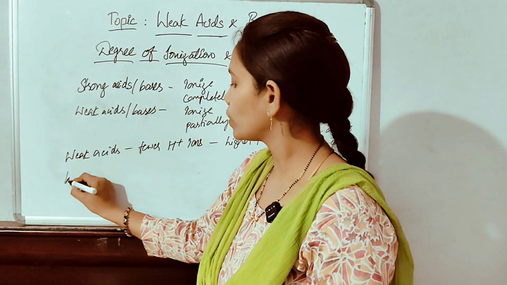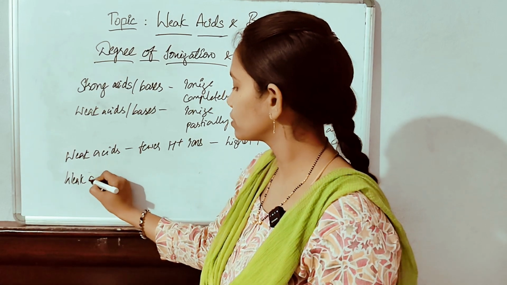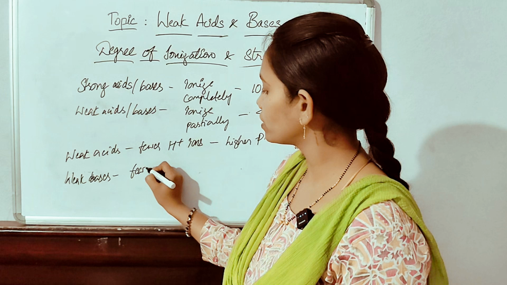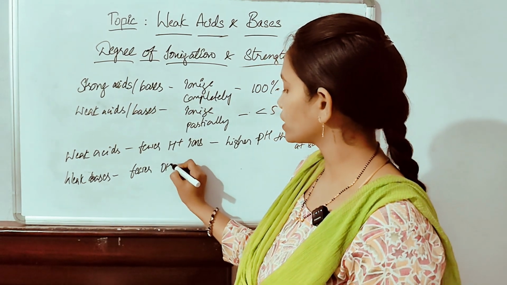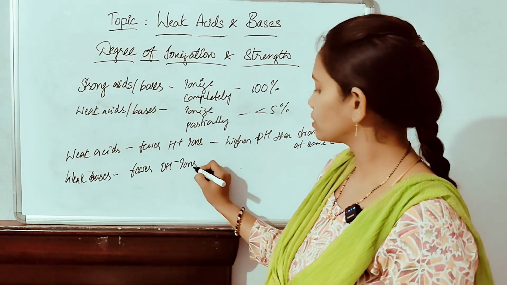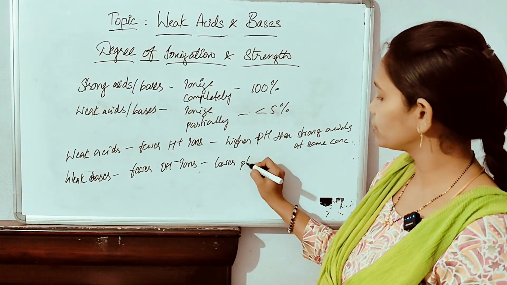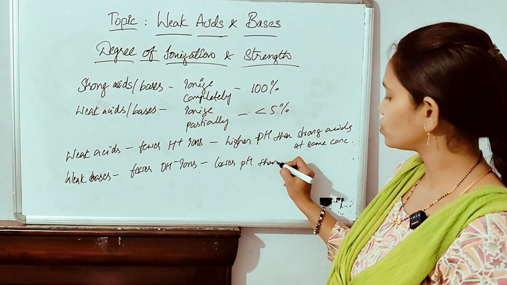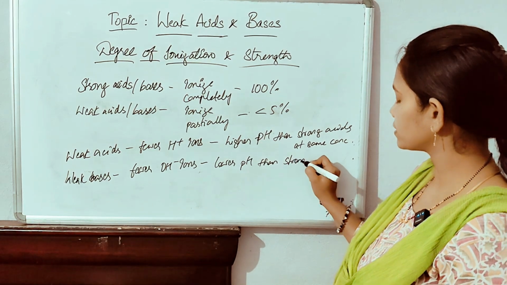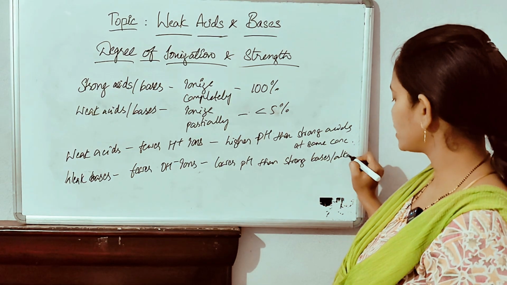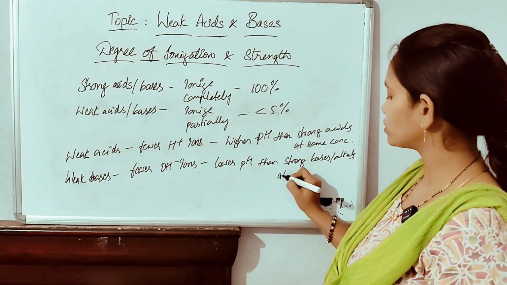If you see weak bases, they also produce fewer free OH minus ions. So their solutions have a lower pH than strong bases or alkalis at the same concentration.